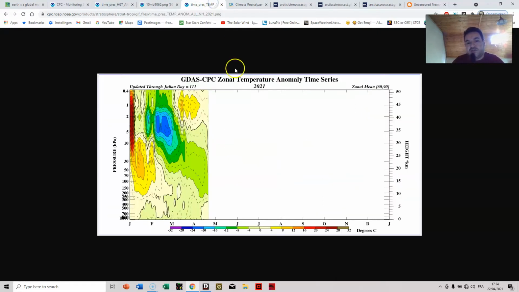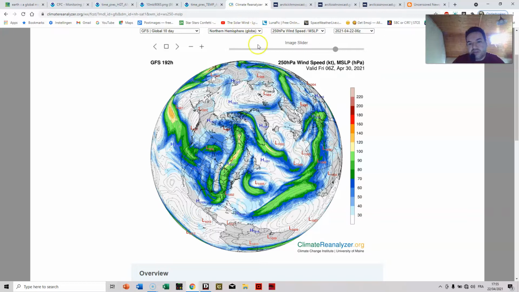And in fact, if we look at the temperature in January, there was actually a sudden stratospheric warming briefly, but then everything normalized in the atmosphere. So this is not due to stratospheric warming. This is something really odd.